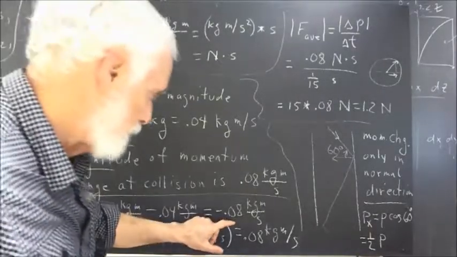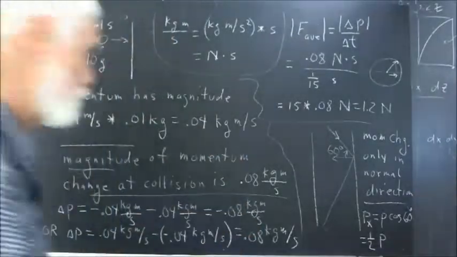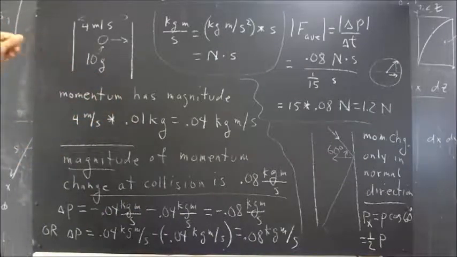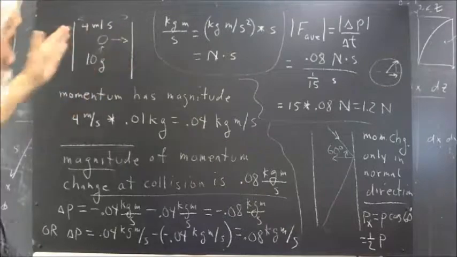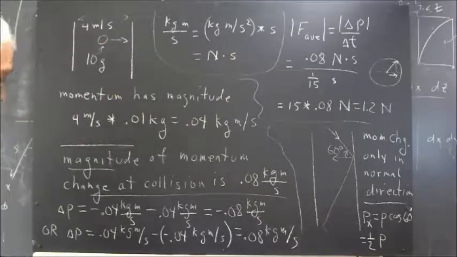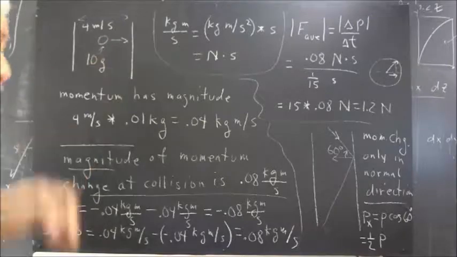We would divide this negative change in momentum by the 1/15 of a second to get a negative 1.2 newtons. And it's obvious that this wall is going to have to exert a force in this direction to change the velocity of this ball, so that that force is in this direction. Similarly, in this case, the collision would be with this wall, and the force would have to be positive.